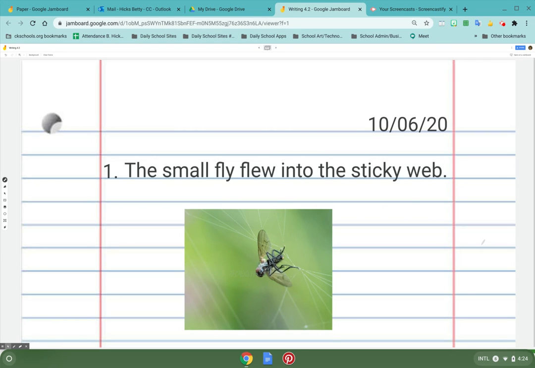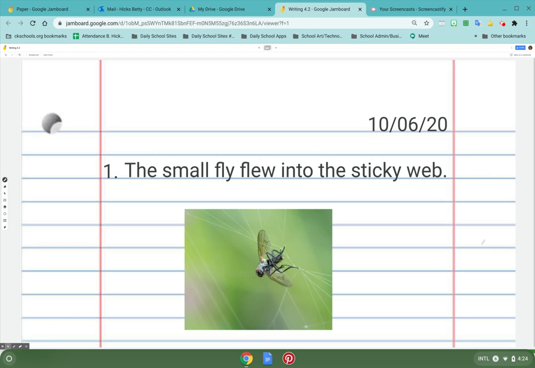And if you notice, I'm in between the two blue lines, and I can fit a whole sentence on this line. I have proper spacing between my words. My handwriting would be very, very good. This is actually typed, but I look at all of those things when I write.